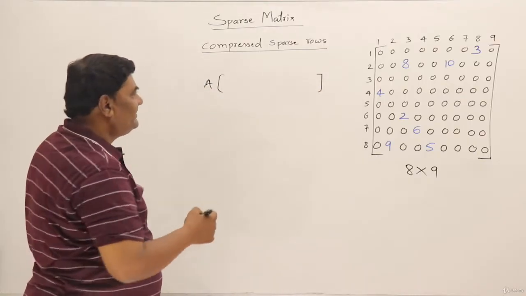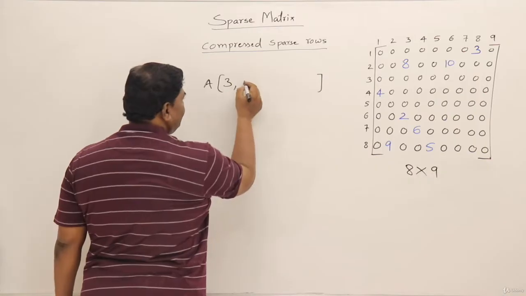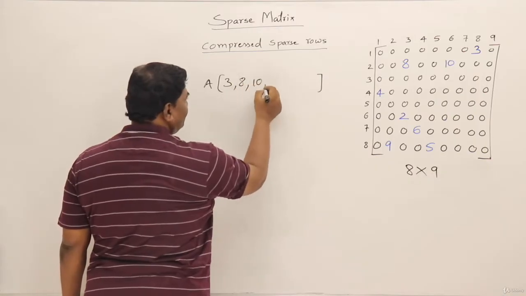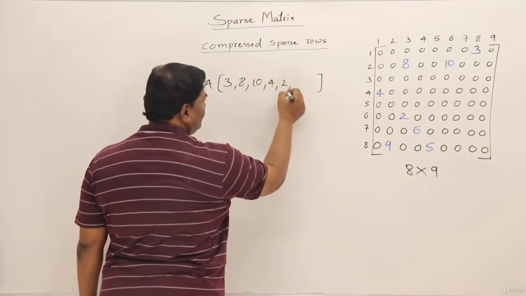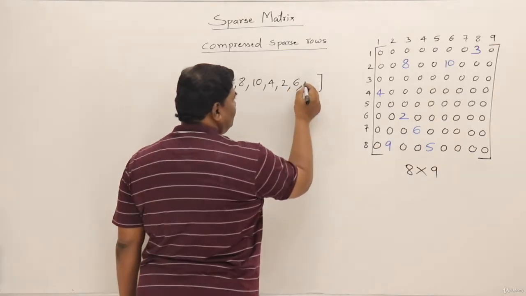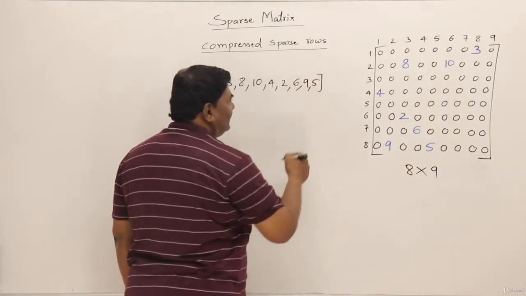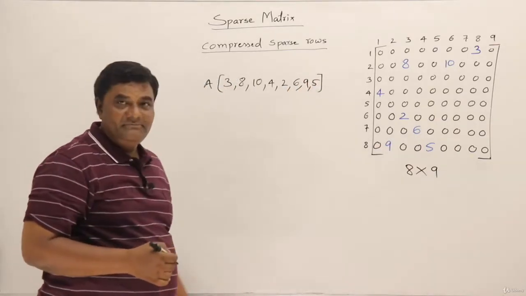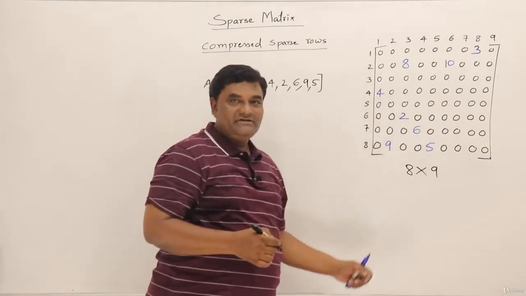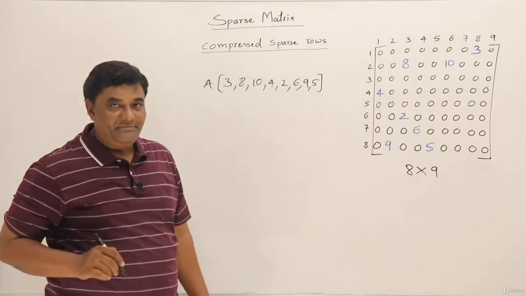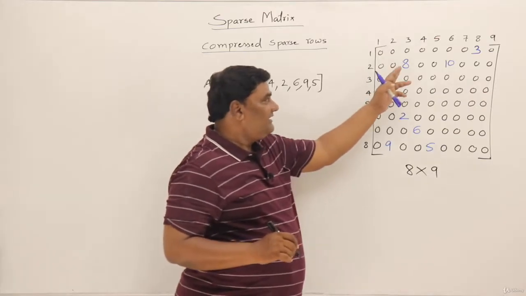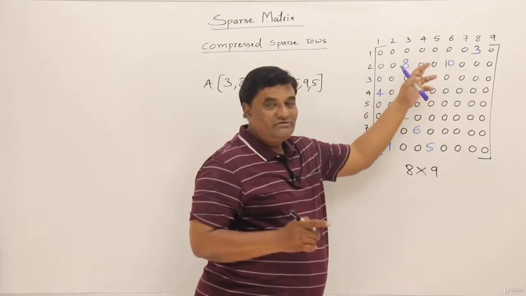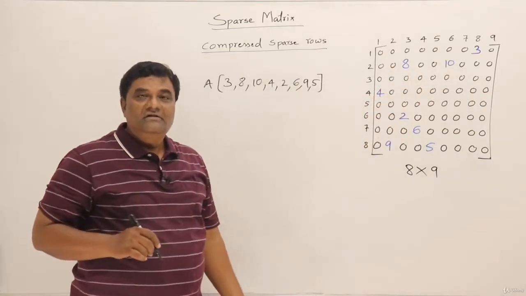I will write down the non-zero elements: 3, 8, 10, 4, 2, 6, 9 and 5. I have taken all those non-zero elements in the same order in which they appear. Don't change the order, like first 8 then 10. Don't change the order to 10 and 8.